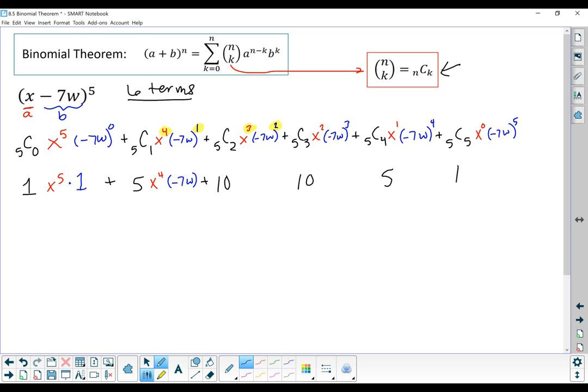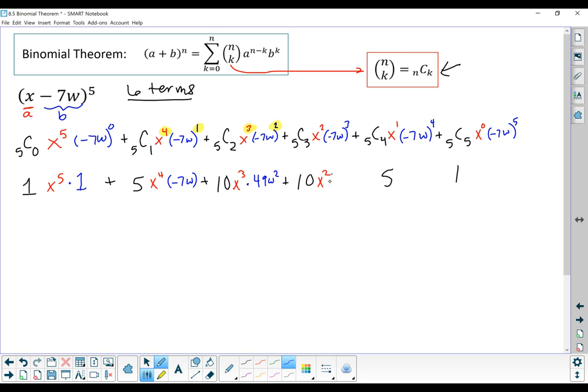I'm going to simplify these terms in 2 steps. You may simplify more in 1 step on your own. X to the third. That negative 7w being squared gives me a 49w squared. The x squared stays the same.